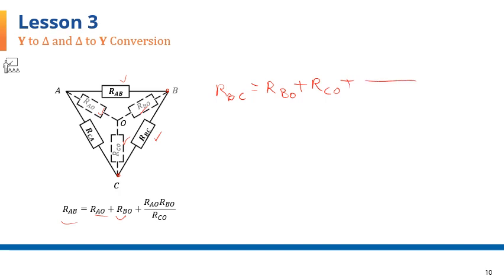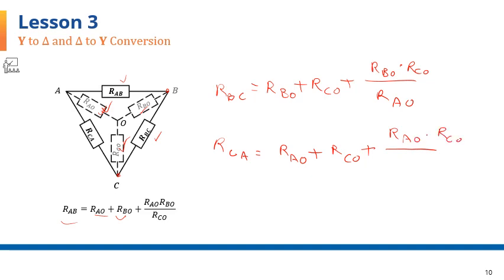The numerator would be the product of those two resistors, RBO times RCO, divided by the third resistor, which in this case is RAO. And using the same rule, we can calculate RCA as the sum of RAO plus RCO, plus the product of the same two, RAO times RCO, over the third one, which is RBO.